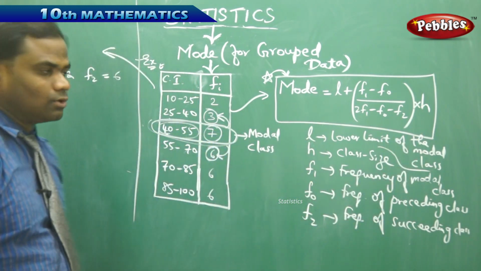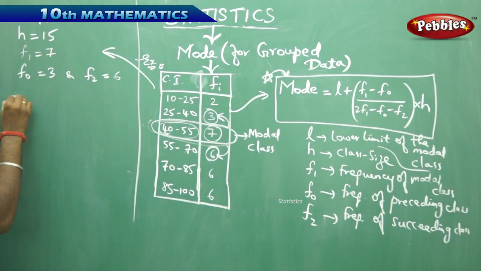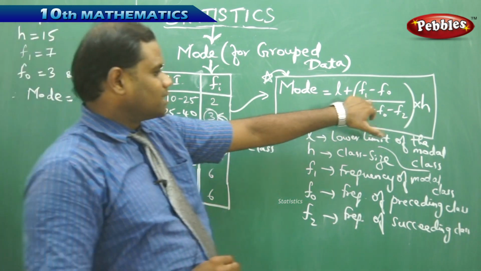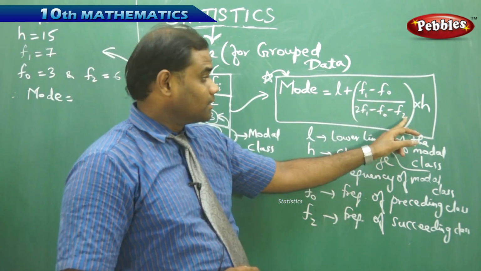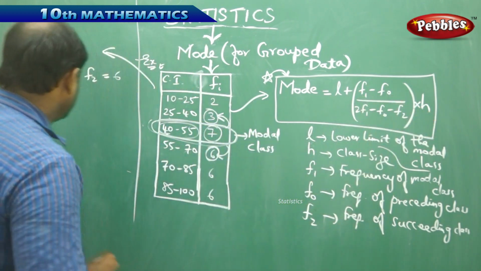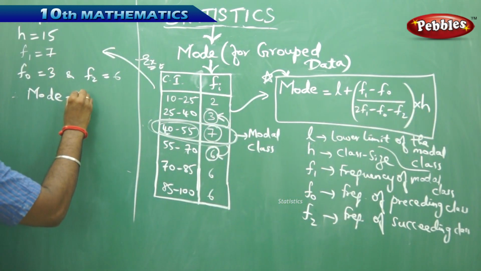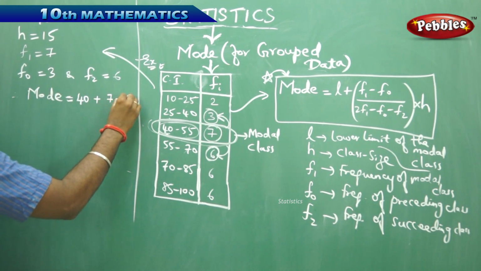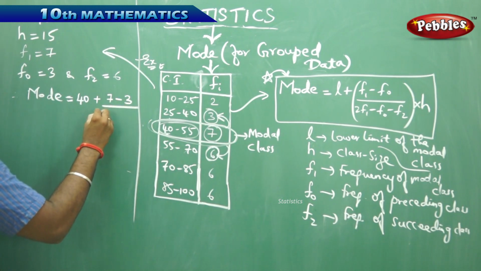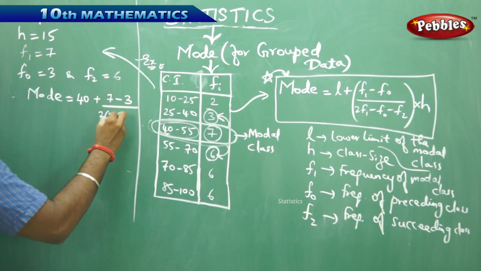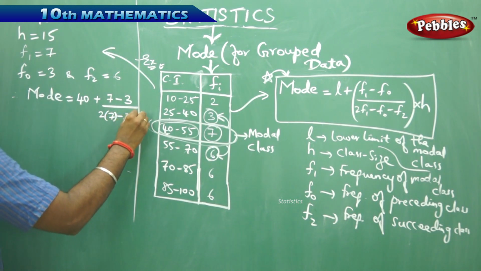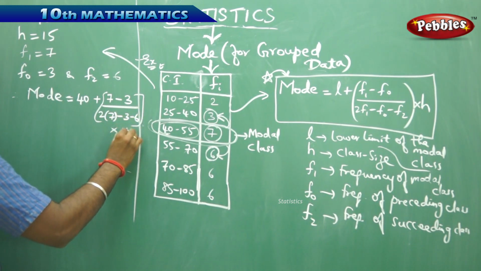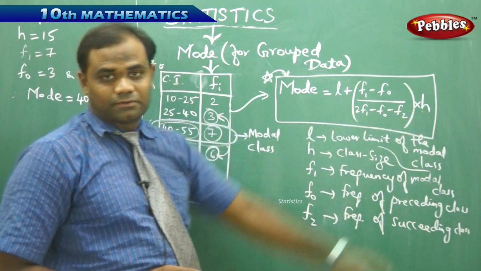So substituting each of these in the formula, my mode, which is L plus F1 minus F0 by 2F1 minus F0 minus F2 times H, becomes: L is 40, plus F1, which is 7, minus F0, which is 3, by 2 times F1, which is 2 times 7, minus F0, which is 3, minus F2, which is 6, times 15, because H is 15.